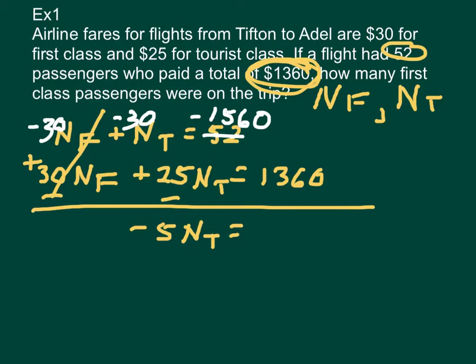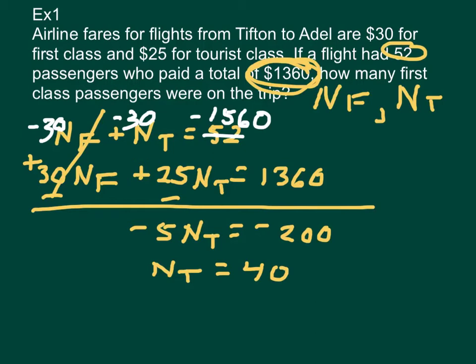So in other words, if our same type of temperature example, say it's a negative 1,560 degrees below zero, which is really cold, and the temperature goes up 1,360, well, it's still below zero, and it's a negative 200. Now solve it for NT. Divide both sides by a negative 5, and I find out that NT then is equal to 40. So the number of tourist class passengers was 40.